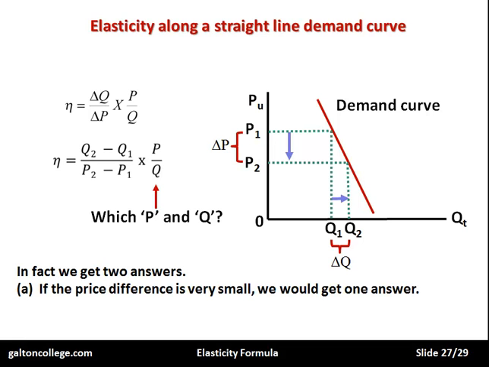If the price difference is very small, if delta P was very small, then really the two answers would be very similar. You could just calculate one of them and pick one of the answers. So ideally, delta P, and hence delta Q, should be very small. If it's very small, then we would get one answer.